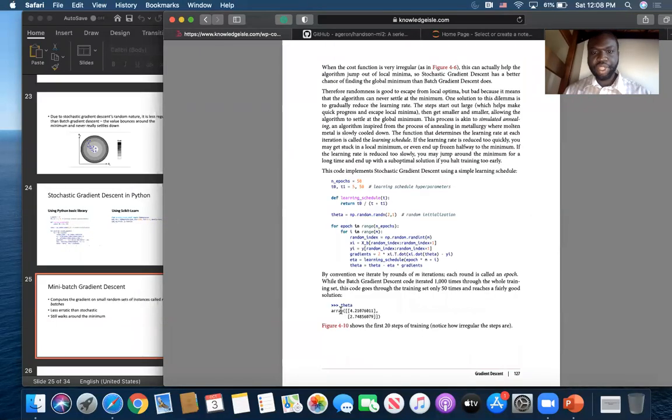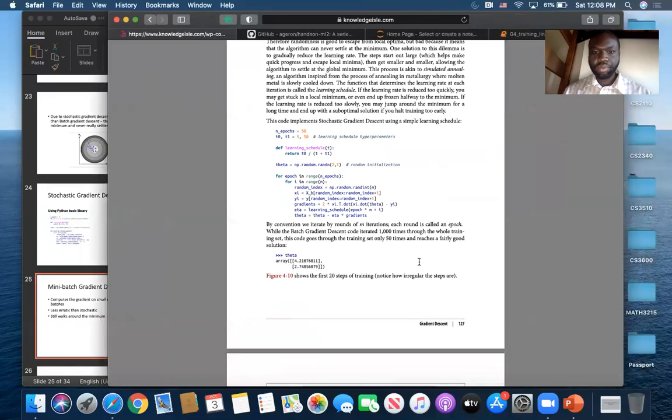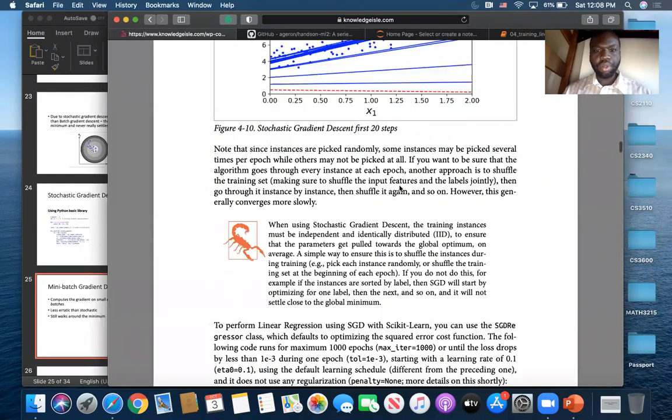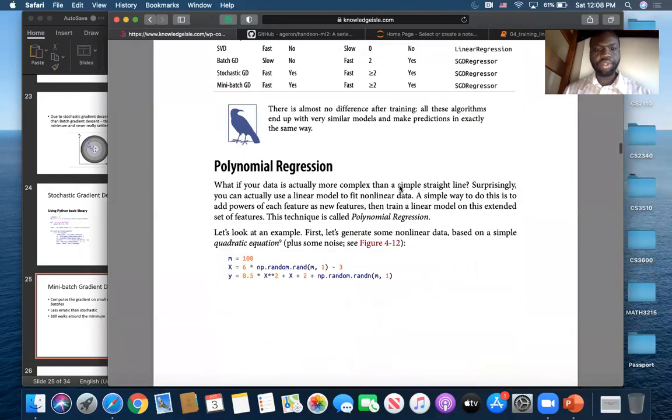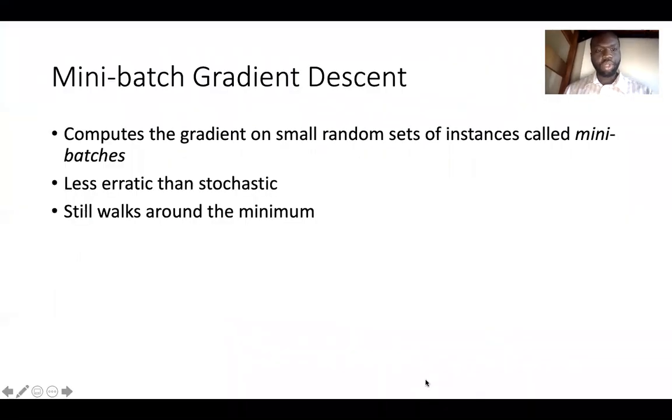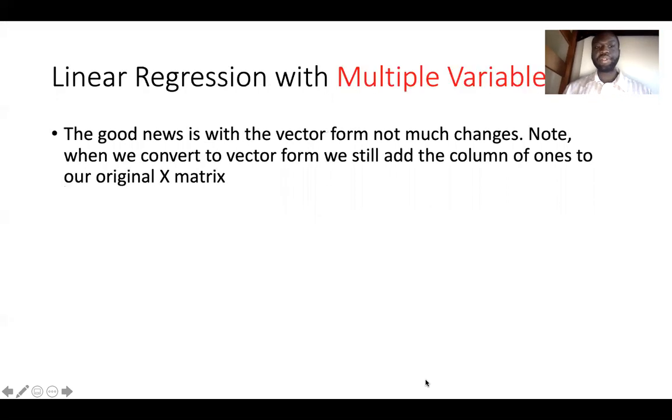It uses some of the data set, not all of it and not just one. Because of that, it acts in between. It's random like stochastic, but to a lesser degree. It still walks around, but it's more smooth, somewhat smooth like the batch gradient descent.